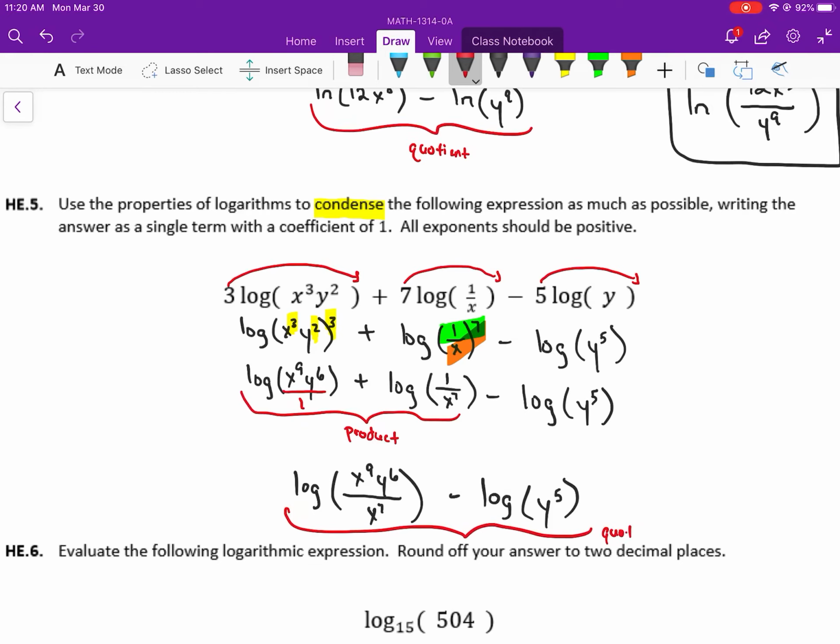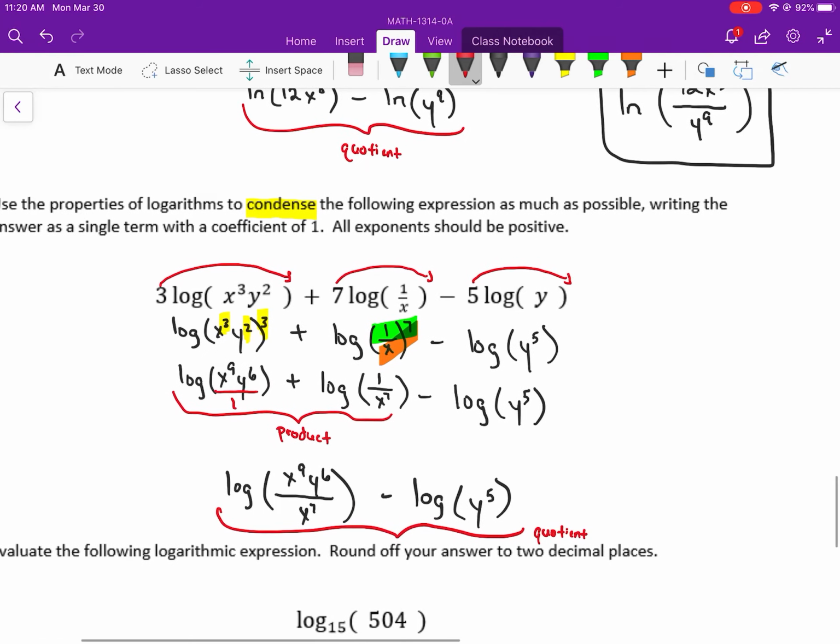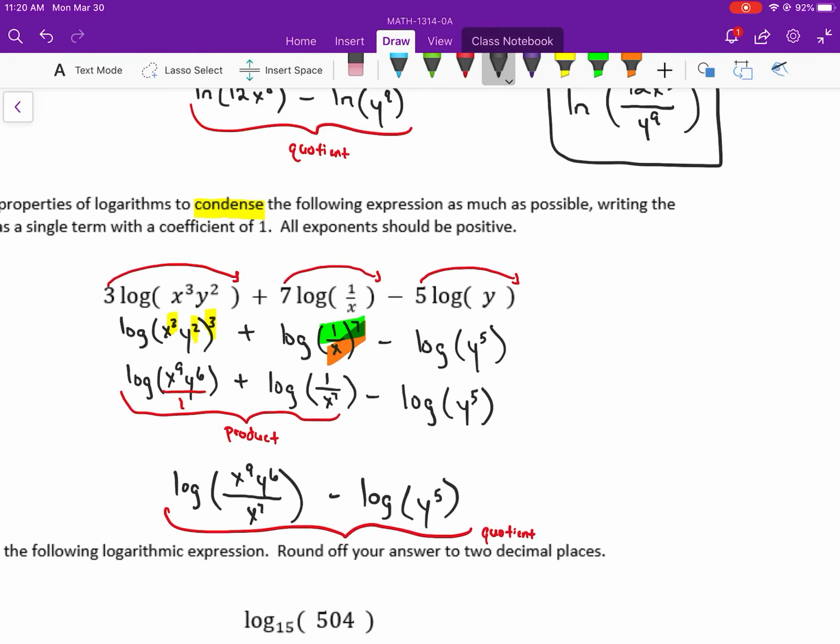All right, now we only have one property left. I see subtraction. So that is the quotient property. Which means that y to the 5th is going to be divided by, okay? So basically, let me write this out so that way you can kind of see it.